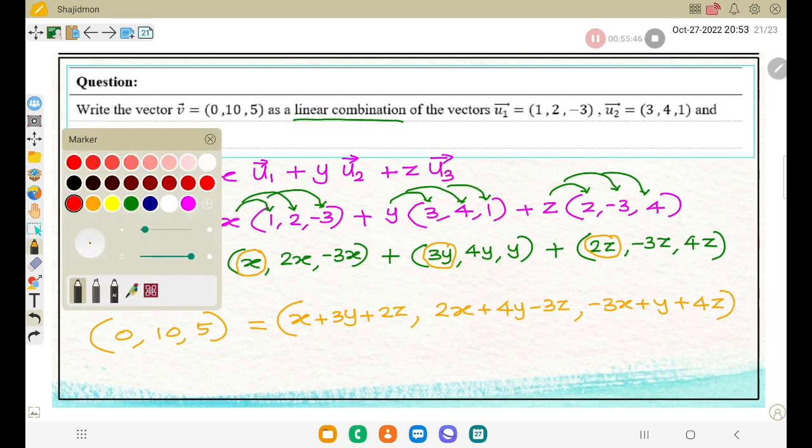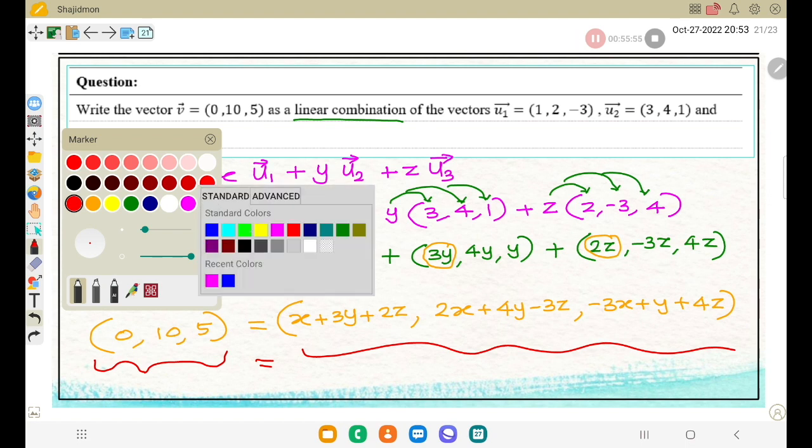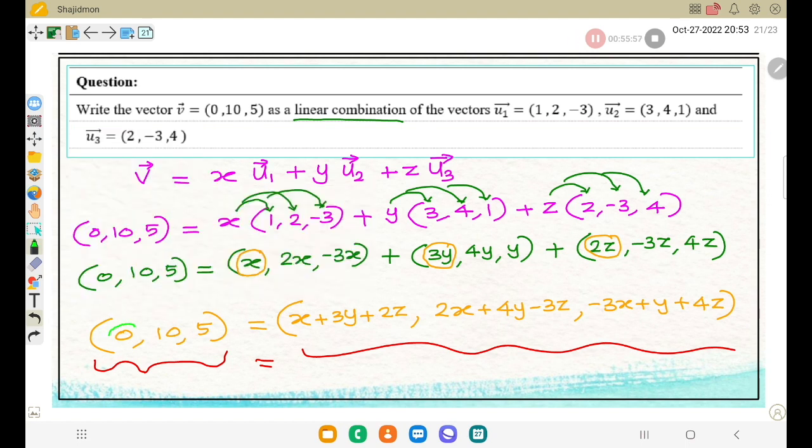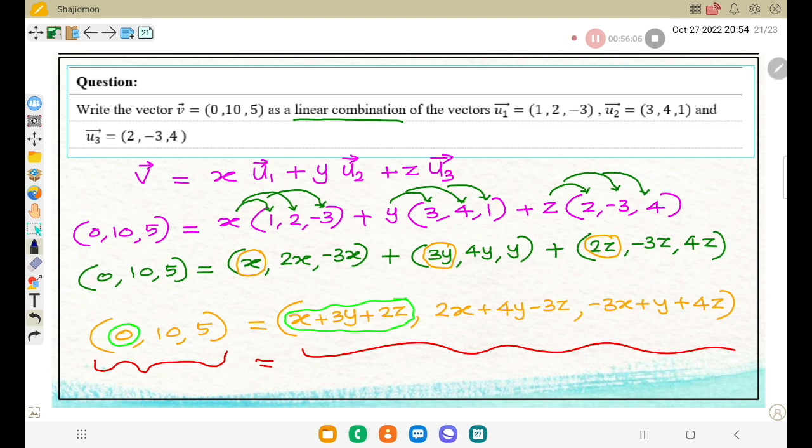So what we got is this vector equals this vector. That means the first component should be the same as the first component, here 0. The second component should be the same as the second component, and the third the same as the third component.